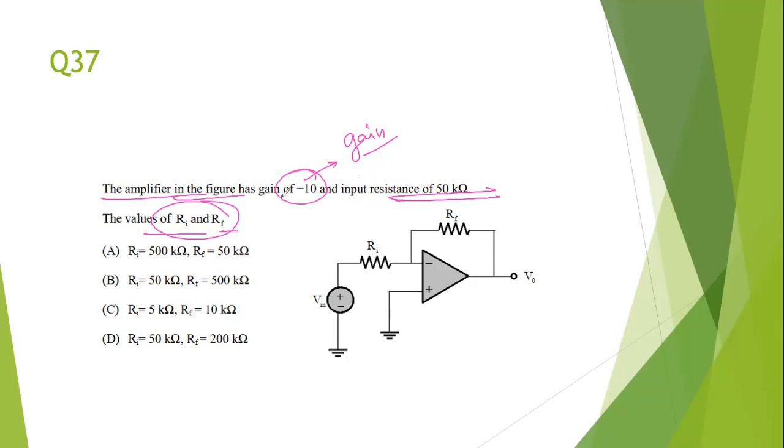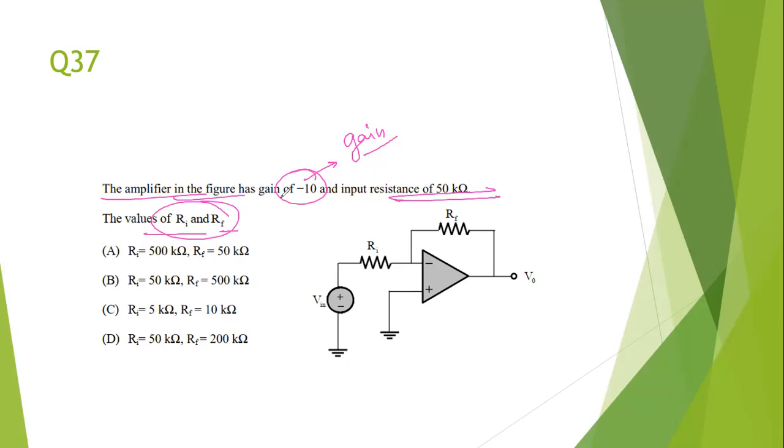Because this is a voltage series feedback amplifier. For that case, how can you find the input impedance, or here Ri and R output? That is a very important point to find out these potentials. Got it?